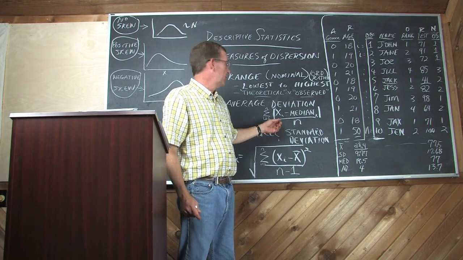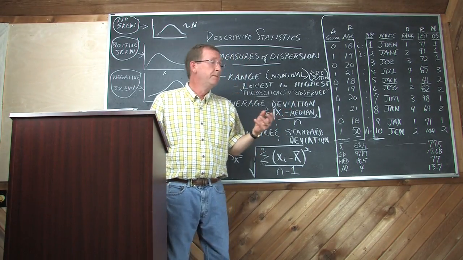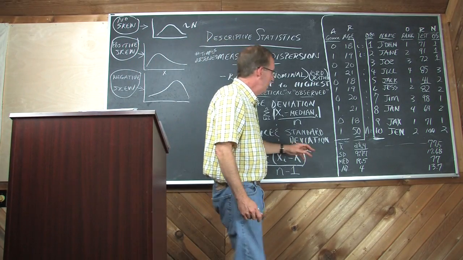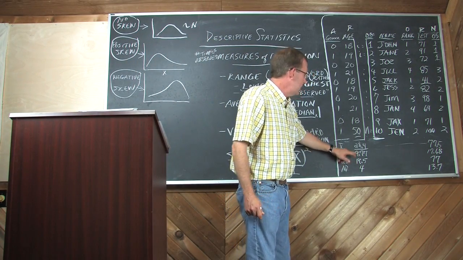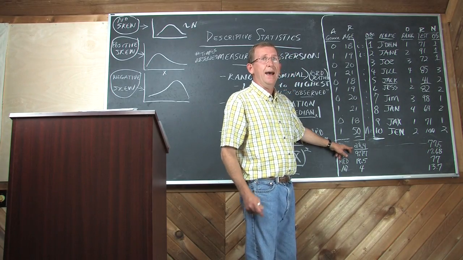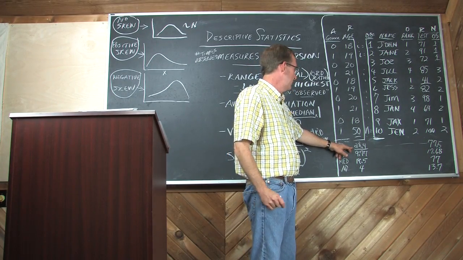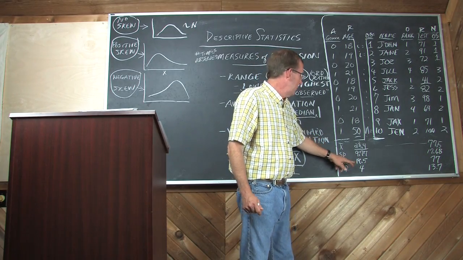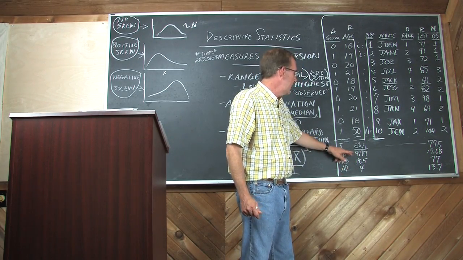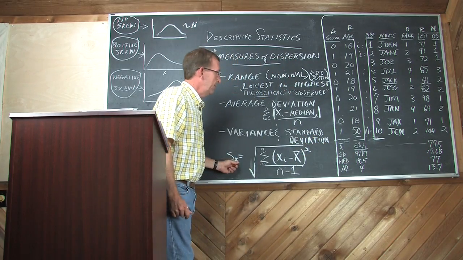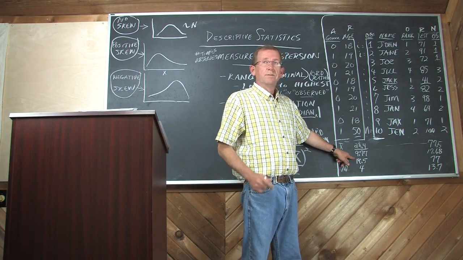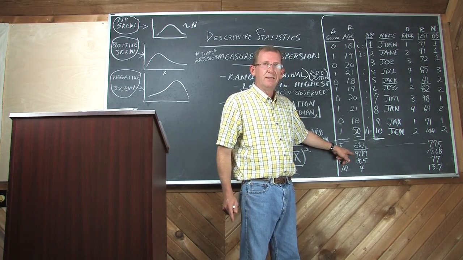It's a very natural descriptive tool, and we look over here to the age variable, and we had noted that 22.4, the mean, was bad as a description of central tendency, and that 19.4 was better. When we look at the average deviation versus the standard deviation given by this formula, the standard deviation is 9.77.